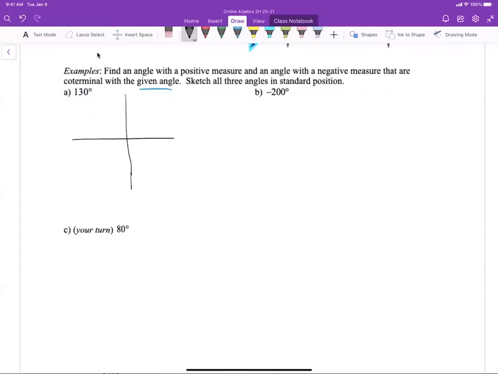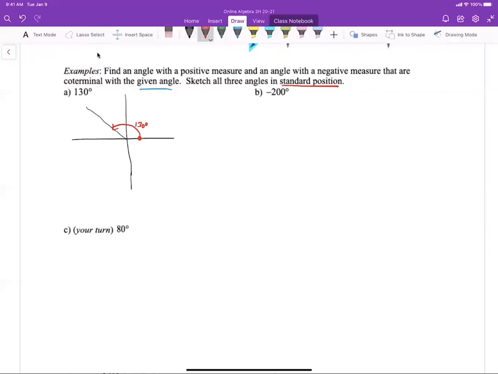Let's start from my positive x-axis, and let's go to 130. So I got to go past 90, but not quite to 180. And so here is that positive 130 degrees drawn in standard position.